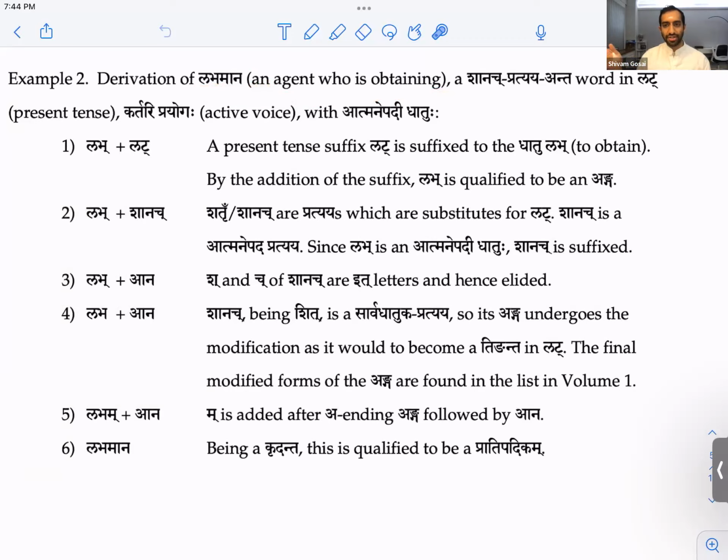We call it present participle. But we can say an object which is obtaining, or the act of obtaining itself also, if we want to make karmani or bhave. So it's an agent, a person who is obtaining, an object who is obtaining, which doesn't really make much sense here, or bhave, the act of obtaining itself.